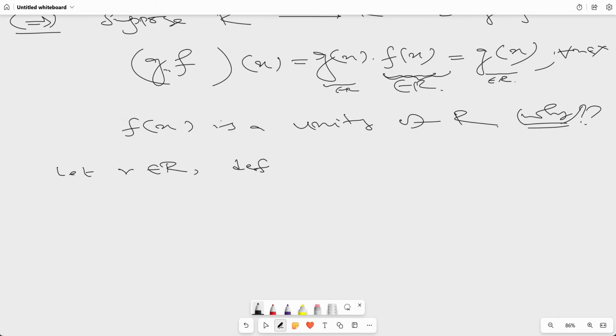Define the constant function h from X to R defined as h(x) equals r for every x.